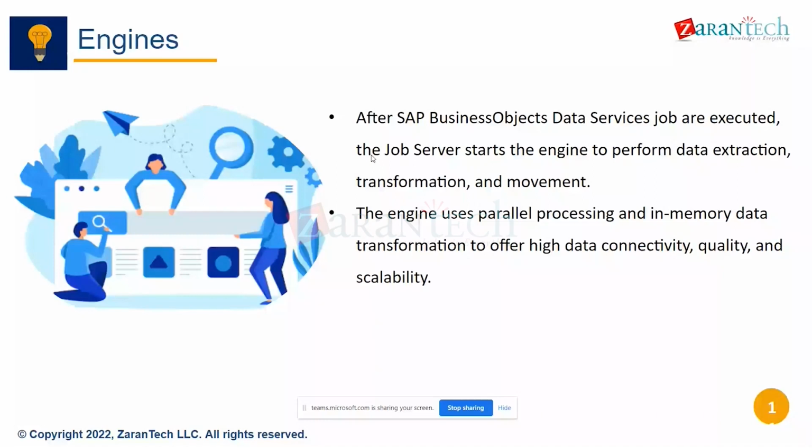That job server group will select the job server which has the fewest requests on it. For example, there are four job servers: one with 5 jobs, another with 6, another with 8, and another with 10 jobs running. The first job server has the lowest number of jobs running.